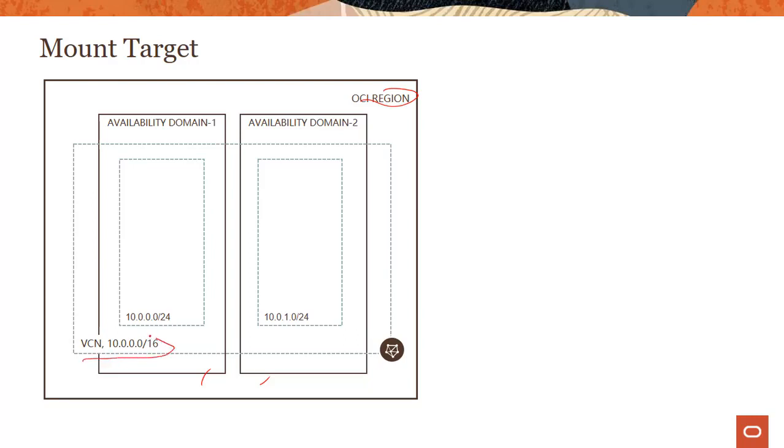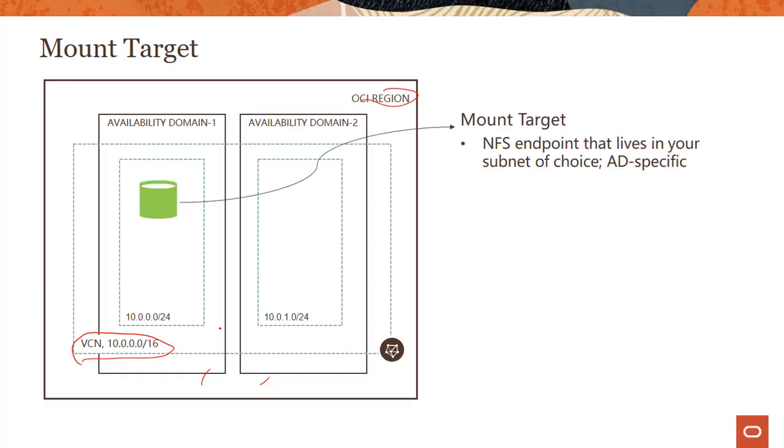We have a VCN, which if you recall from the VCN module, is a regional service, and it has this particular address space. I have two smaller subnets within the VCN, 10.0.0.0/24 and 10.0.1.0/24 here, right?